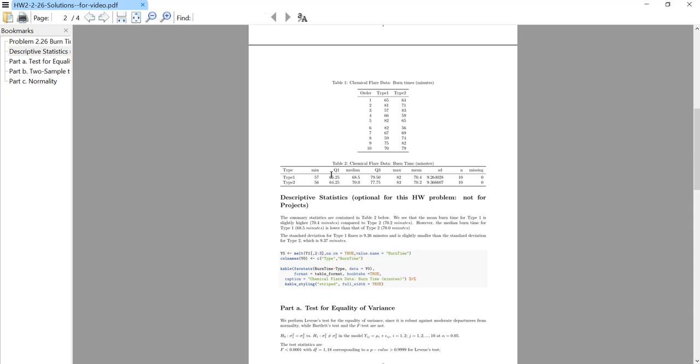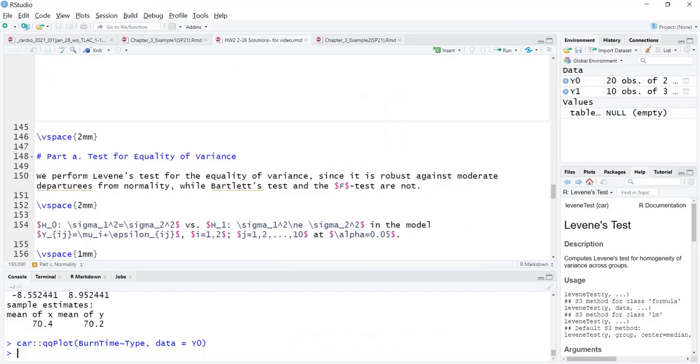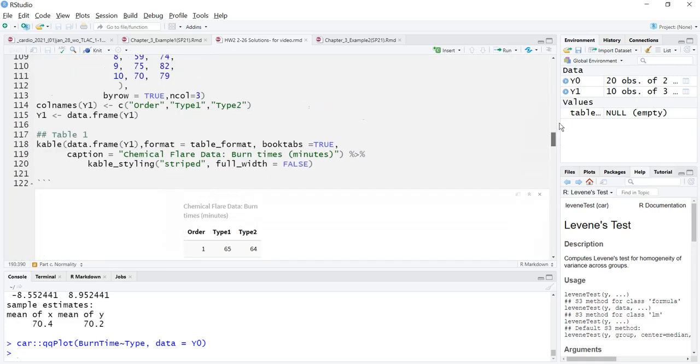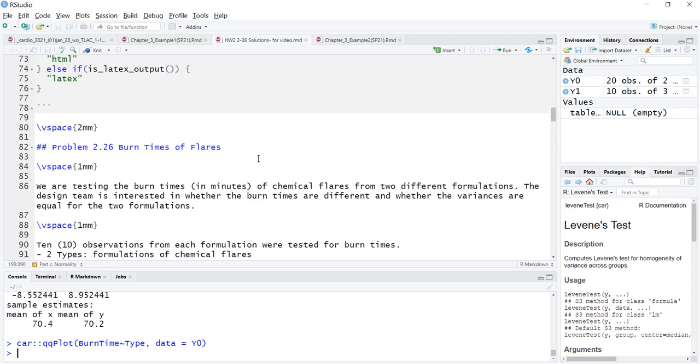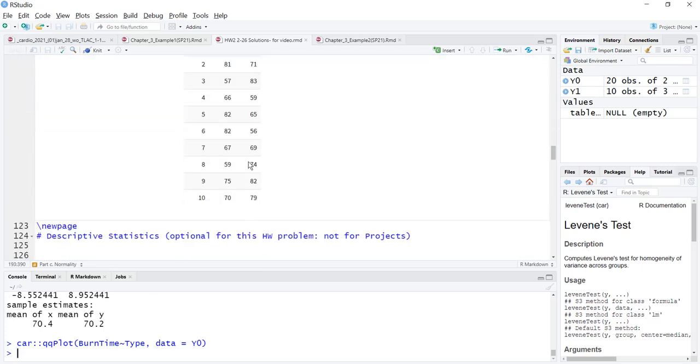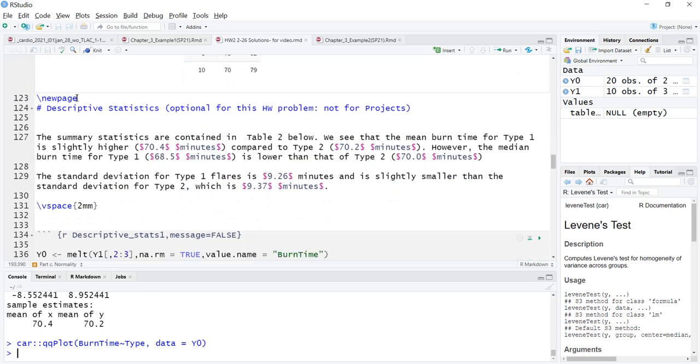So one of the things you can do is put a new page in here, for descriptive statistics. Where is it? There it is. Yeah, I've already put a new page.